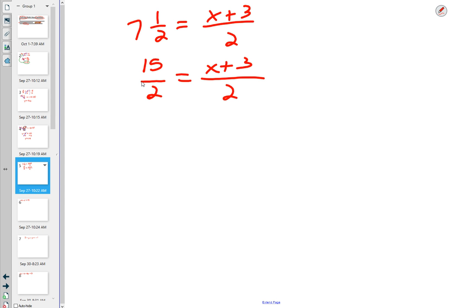Anybody want to guess what that name is? I actually did mention it very, very briefly on Monday. Very good. It's called a proportion. And a proportion has a special way of solving. Yes. Now, what's a special way you solve a proportion?